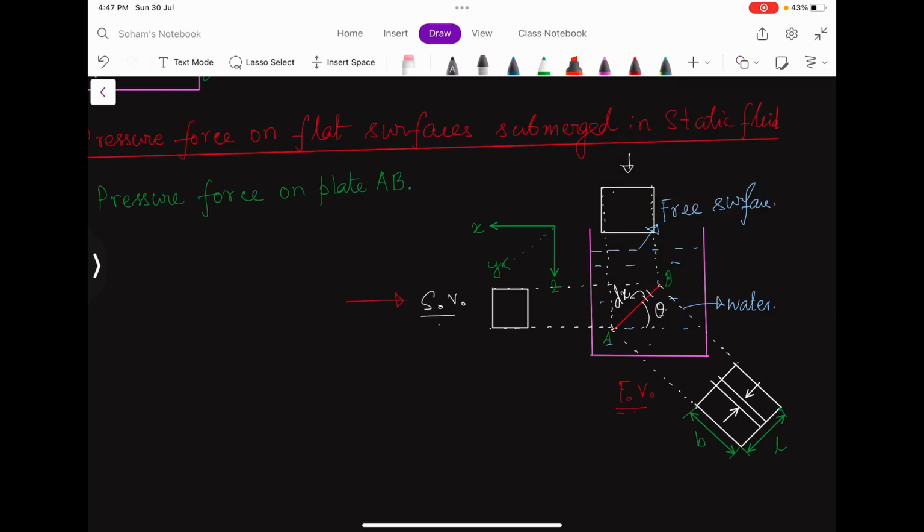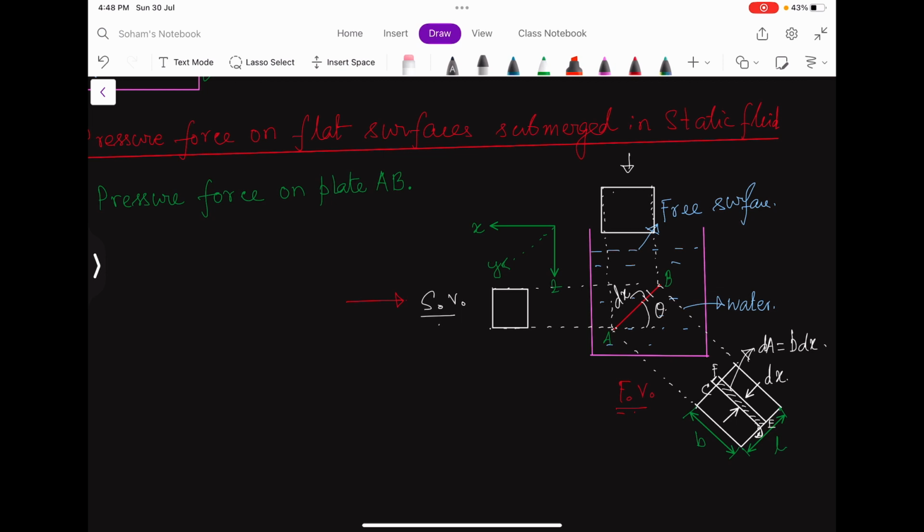Then the elemental area of this strip is dA equals b into dx. This whole length, let us name it CD. So CD is b, and CF equals DE equals dx. So I have this dA.